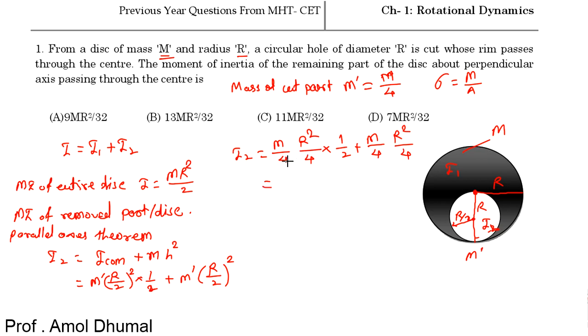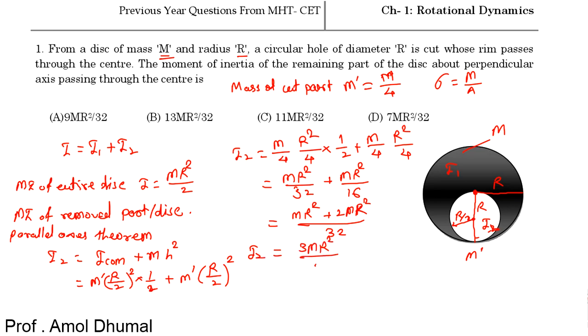Which is equal to mr square by 32 plus mr square by 16, which is equal to mr square plus 2mr square by 32. So I2 is equal to 3mr square by 32, the moment of inertia of the removed part.